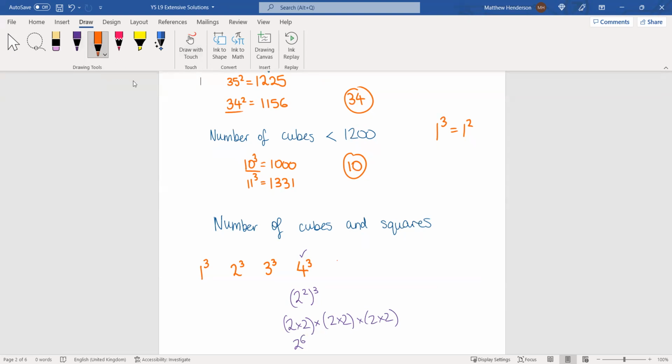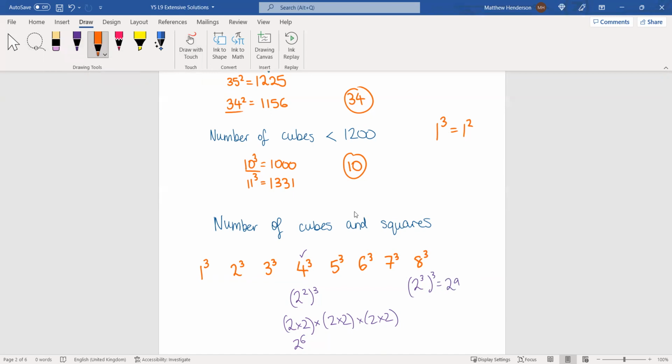Next, we can have a look at 5 cubed, which has an odd power. 6 cubed has an odd power. 7 cubed, odd power. Now, 8 cubed is another one we can express as 2 to the power of 3 to the power of 3, which using my power laws is equal to 2 to the power of 9. And that cannot be a square number because it has an odd power.